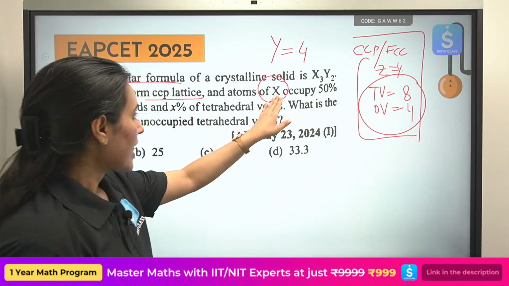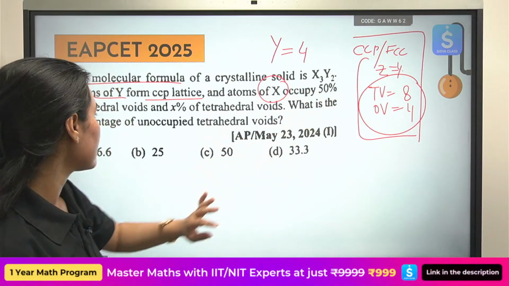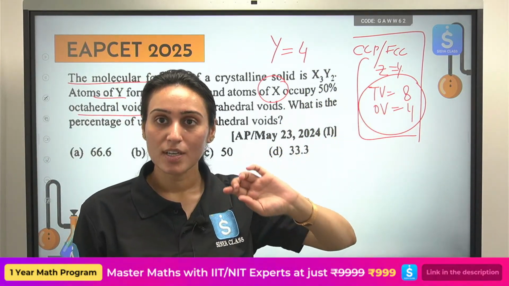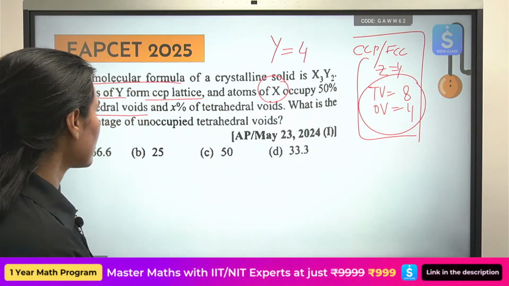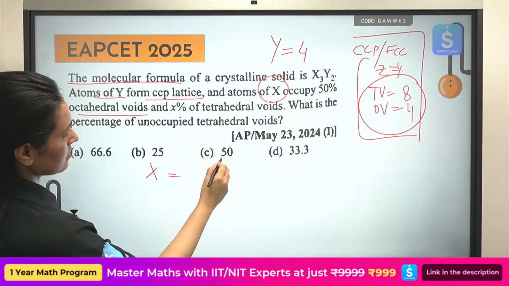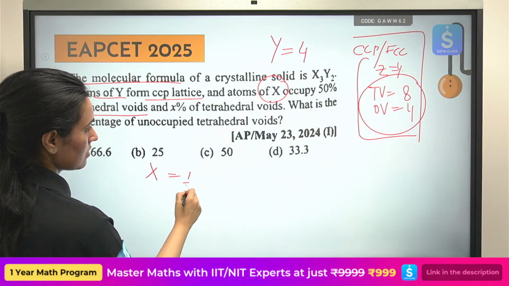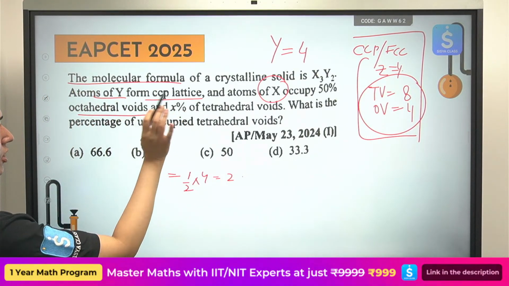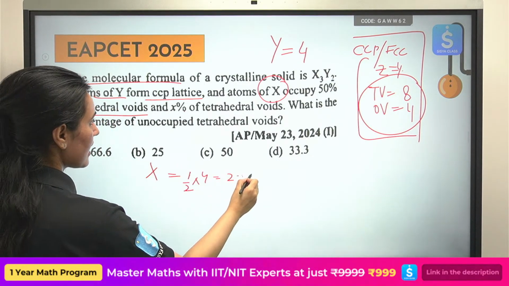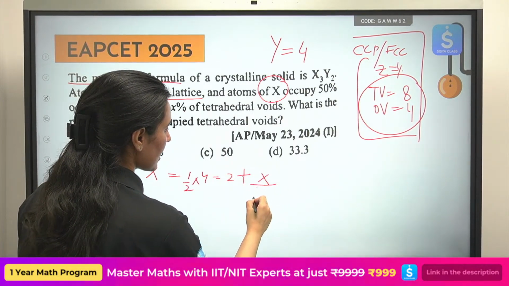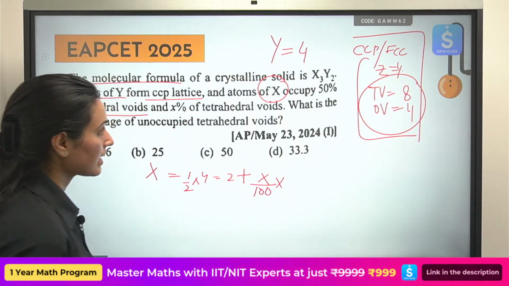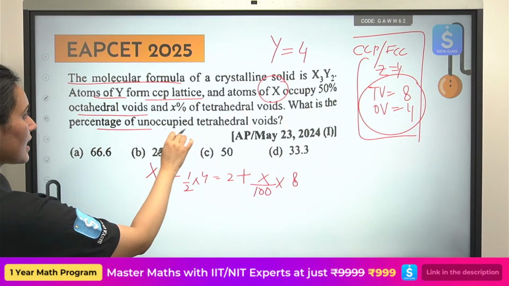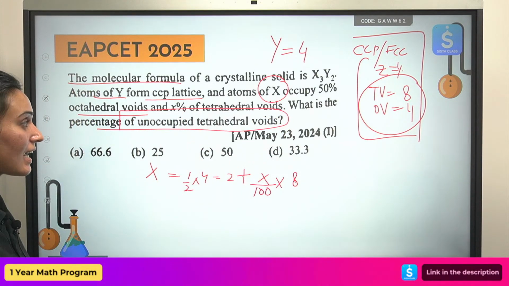Atoms of X occupy 50% of octahedral voids. So number of octahedral voids is 4, only 50% are occupied. So number of X atoms will be 2. In addition to that, X occupies some percentage of tetrahedral voids. We don't know how much. What is the percentage of unoccupied tetrahedral voids?